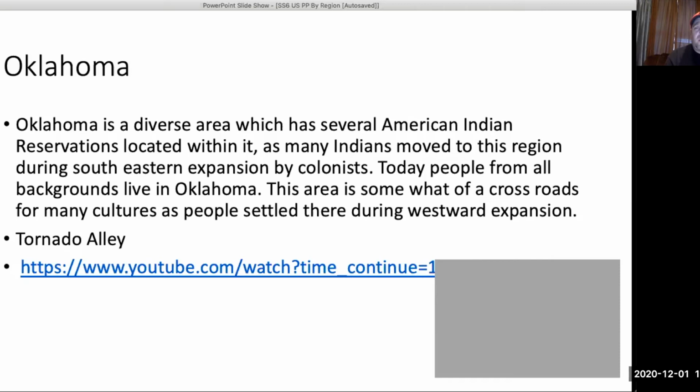This area is somewhat of a crossroads for many cultures as people settled there during westward expansion. Okay, so you had the natives there first, and you had some Spanish there, and then you had more French and European colonists that began moving that direction. Okay, today we have a lot of different groups that live there.